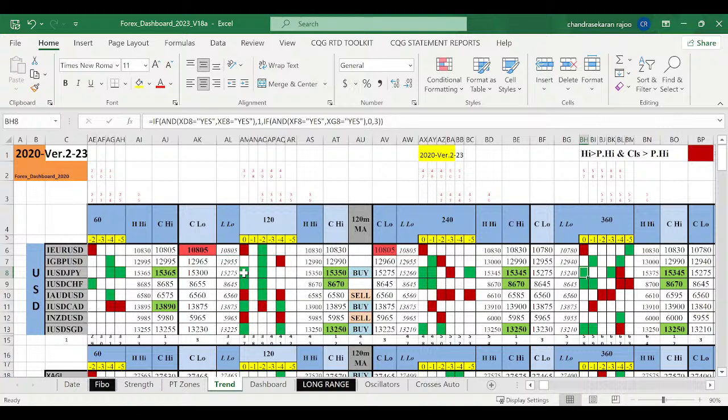So 120 meaning this strength should last for at least another 1 hour, the minimum, and maximum we should see the strength lasting for 3 hours. So this is the clue. Always remember.